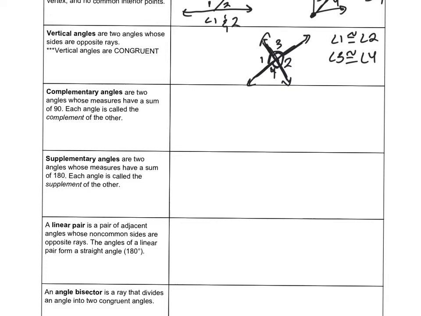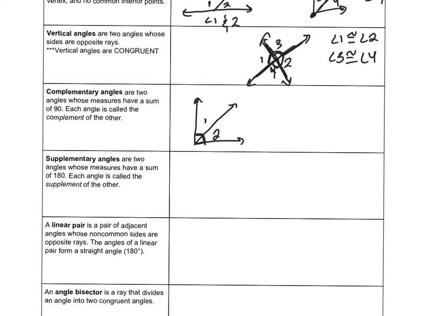The third one is complementary angles. Complementary angles are two angles whose measures have a sum of 90. Each angle is called the complement of the other. So let's say we have an angle with a ray, and this angle is a right angle, and we'll call them angle 1 and angle 2.